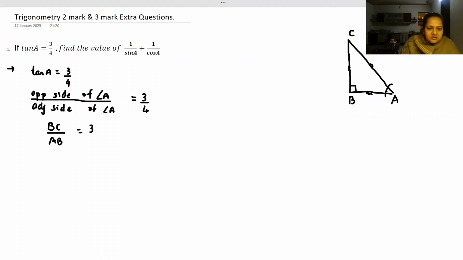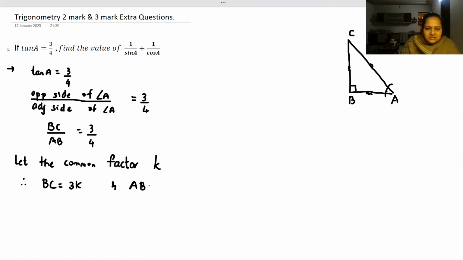So we get BC upon AB is 3 upon 4. From here, we'll say let the common factor be K. Hence BC is 3K and AB is 4K. Am I understood, children?